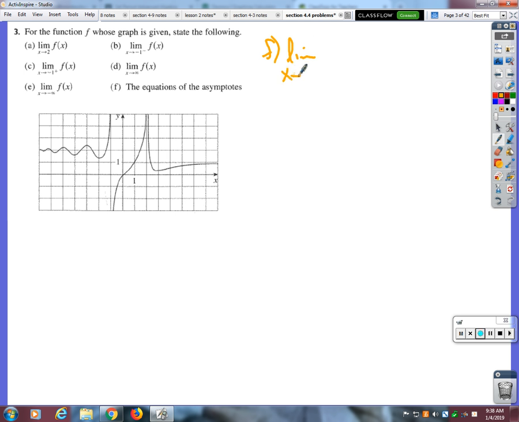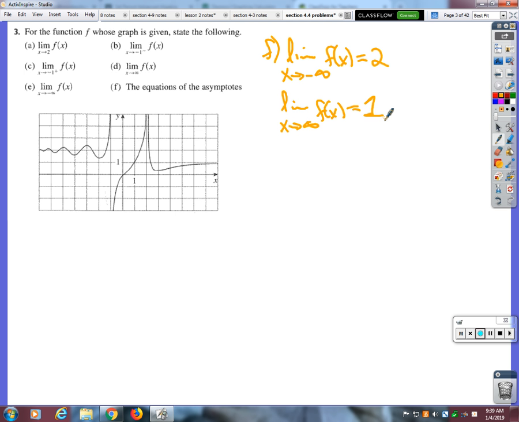If I do the limit as x approaches negative infinity, what y value is this graph approaching as it goes to the left? 2. Okay. Yeah, that's it. And then if we want to do the horizontal asymptote going the other way, what y value is it? Okay. So those are the two horizontal asymptotes.